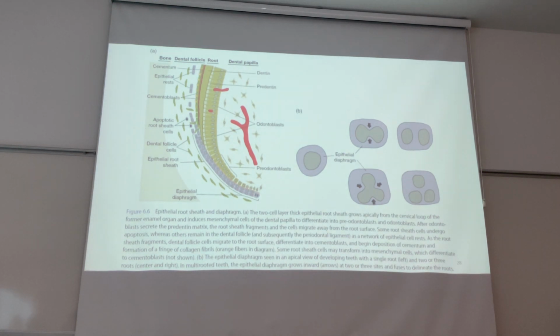But in two root or three root teeth, this foramen closes from this side, and the root closes from the middle side. Here you can see this sheath close this part, and in the end of this closing you can see two foramen in the apical side. This is for two root teeth. And sometimes you can see three root teeth with splitting of the proper foramen into three different foramen.